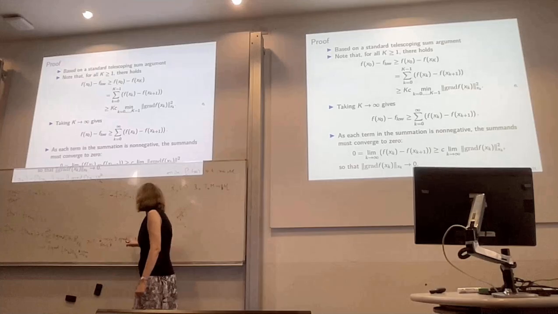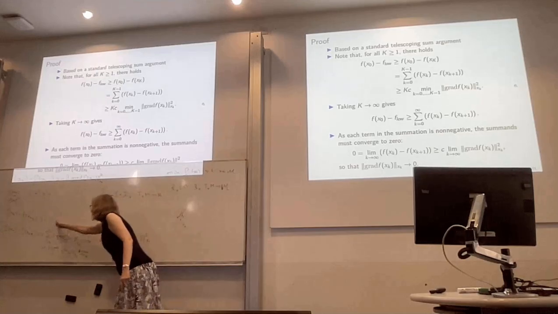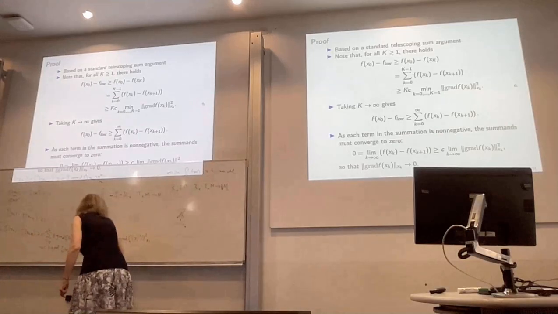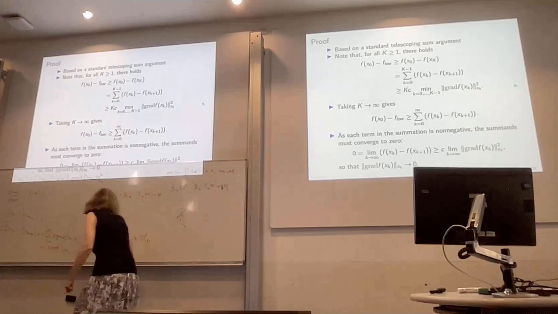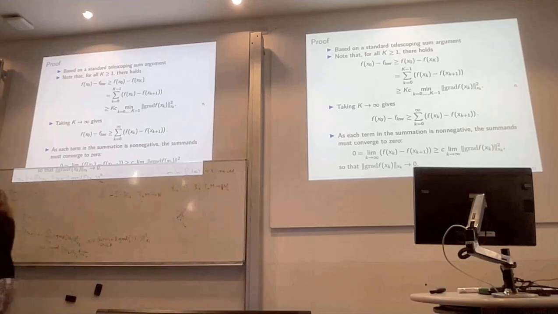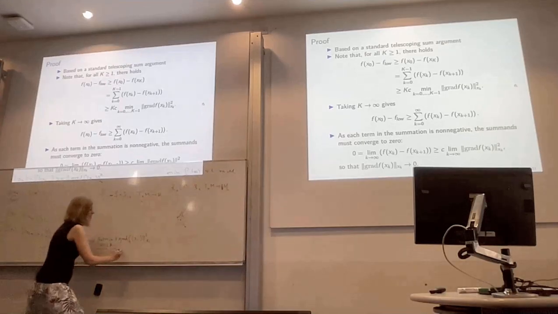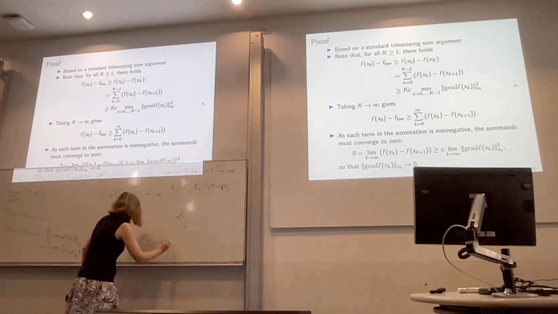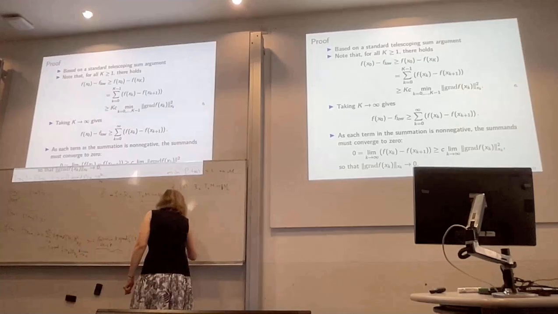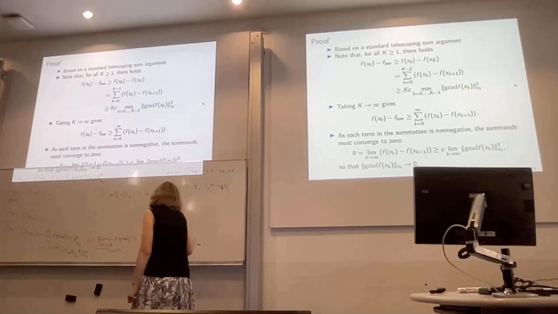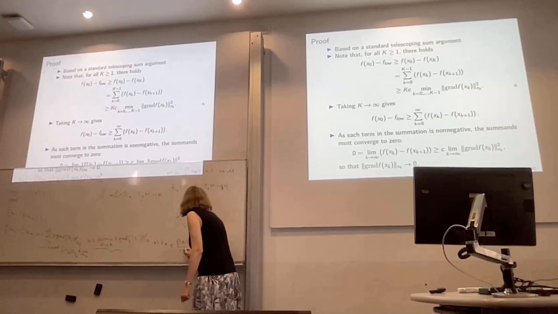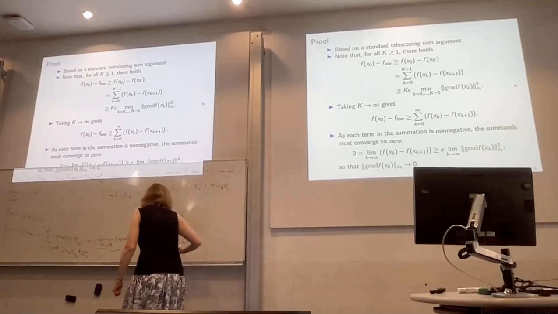Every term is minorized by that. I have k plus 1 terms in this sum. So from here to here, k plus 1 is less than or equal to f(x0) minus f low over c. Sorry, what am I doing?